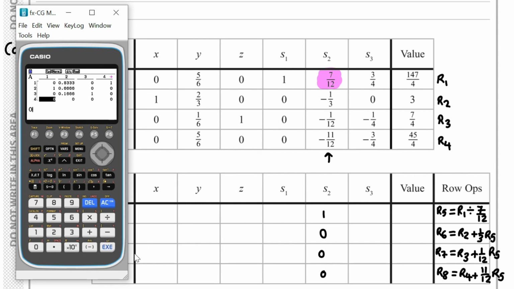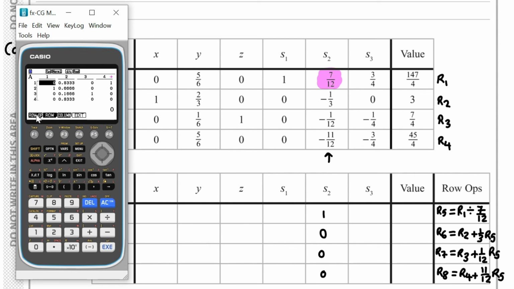And here we're going to have 0, 5 over 6, 0, 0, minus 11 over 12, minus 3 over 4, and 45 over 4. So this is our completed matrix entered into our calculator.